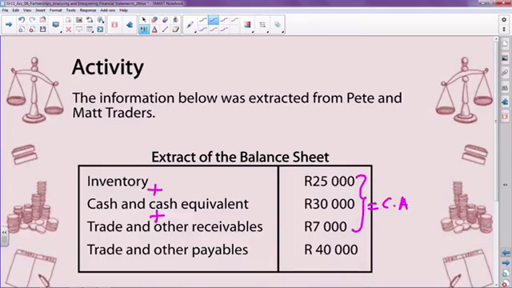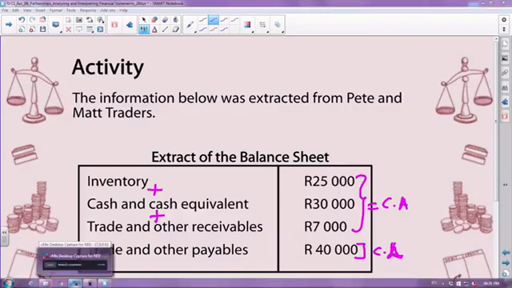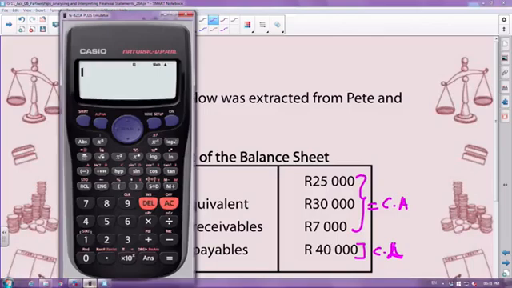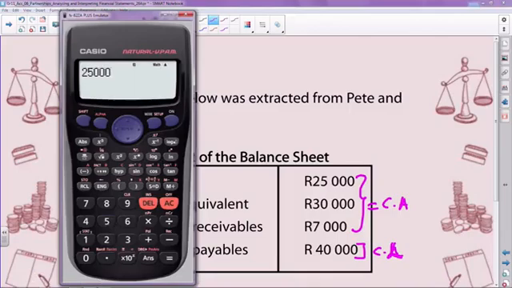Trade and other payables, there's only one amount, so this amount of 40,000 represents my current liabilities. Let's get the calculator out and calculate our current assets: 25,000 plus 30,000 plus another 7,000, and my current assets amounts to 62,000.